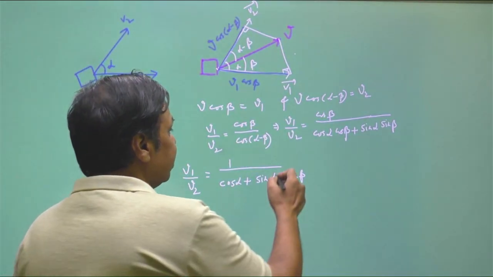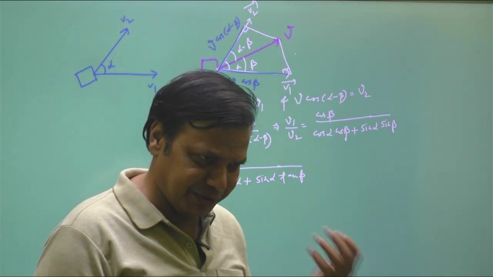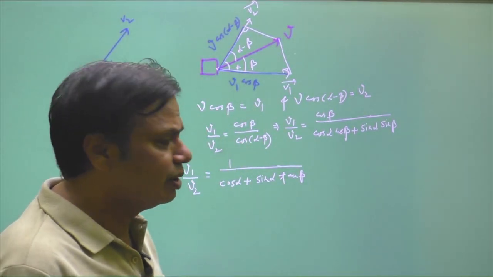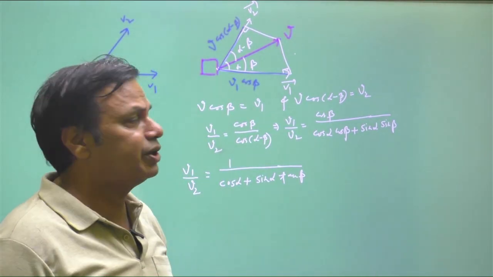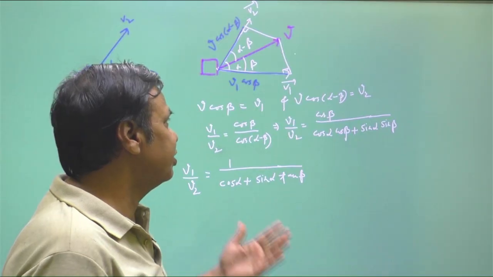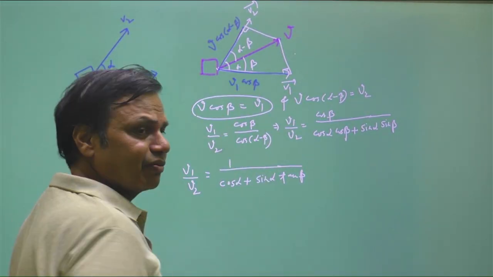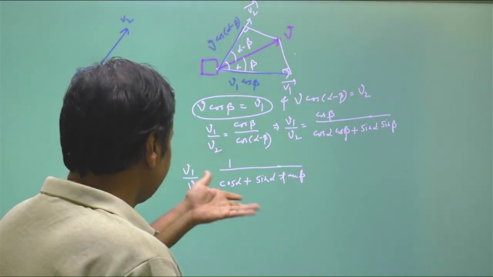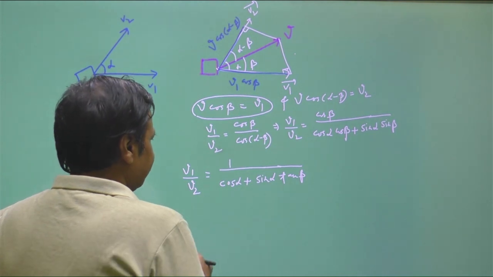Alpha is known, v1 is given, v2 is given. You have to find out only this tan beta, that means beta, and then you will get v from here. So problem is solved, at least from my point of view.